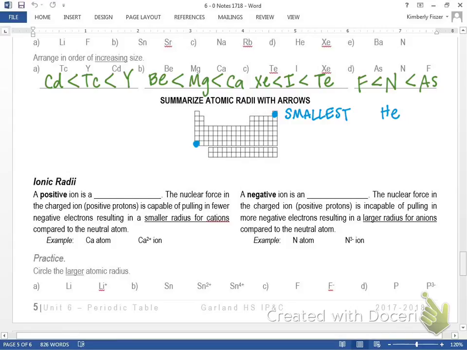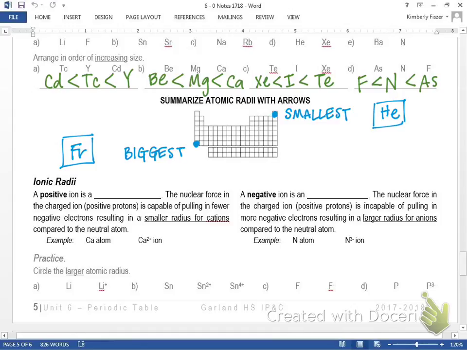This is helium. This one is the biggest one. What's his name? Francium. So, smallest is in the upper right-hand corner. Biggest is in the bottom left-hand corner. Like this.